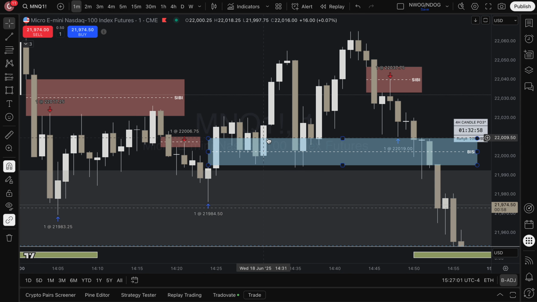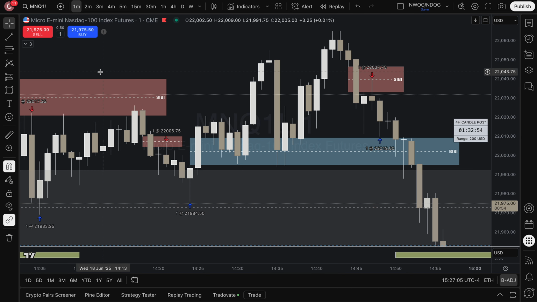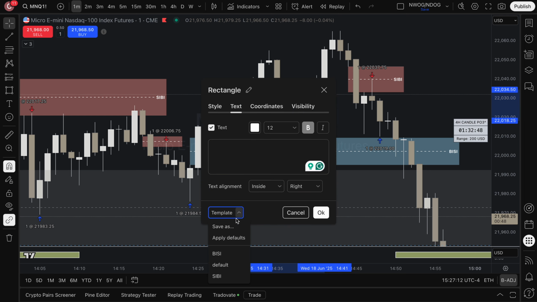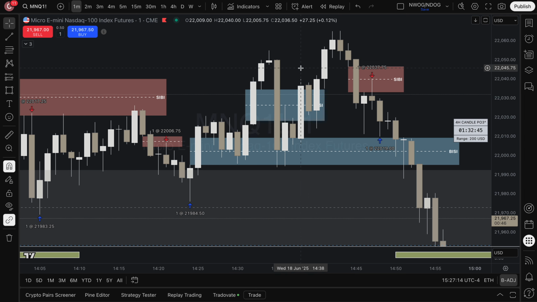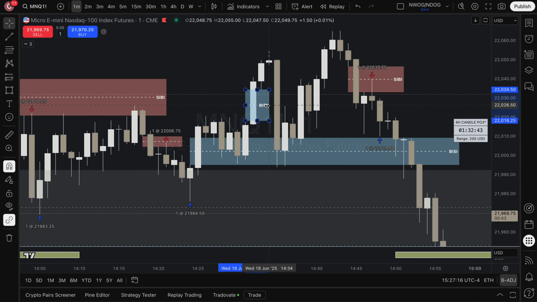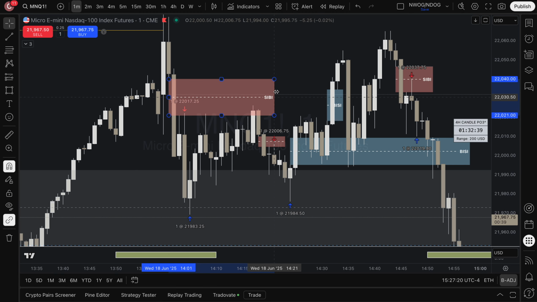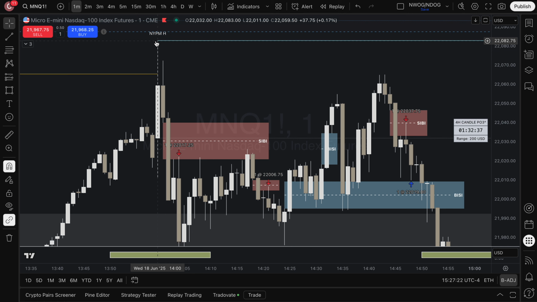And then we rallied, creating this BISI. And initially, since we did close above this SIBI, I was like, okay, we're probably going to take out New York PM high.